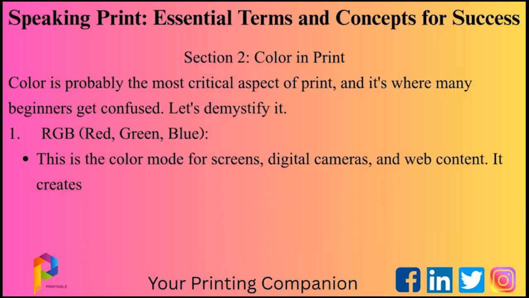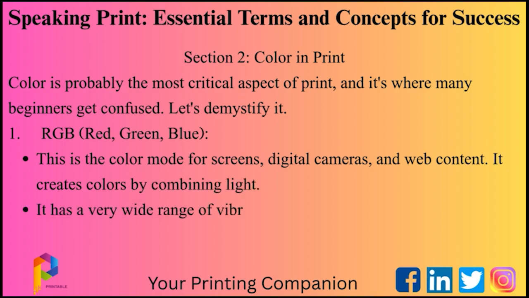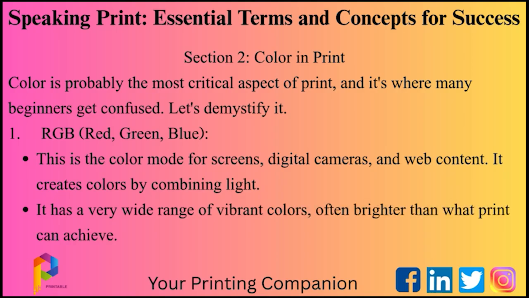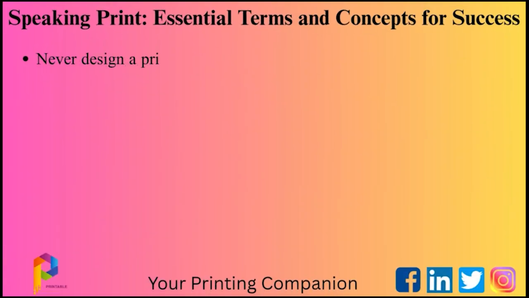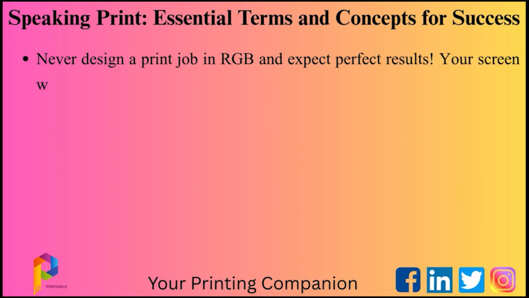It creates color by combining light. It has a very wide range of vibrant colors, often brighter than what print can achieve. Never design a print job in RGB and expect perfect results. Your screen will look different from the printed piece.